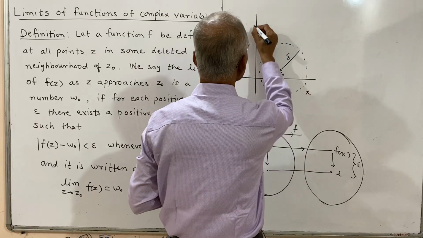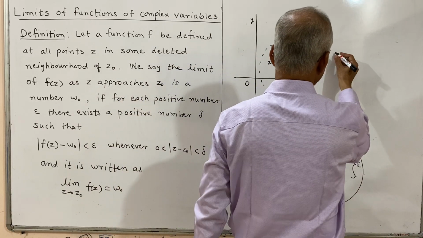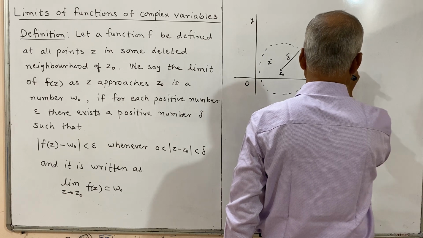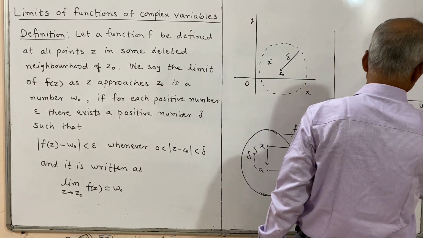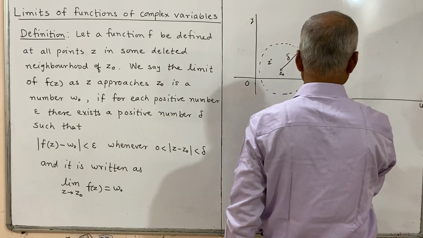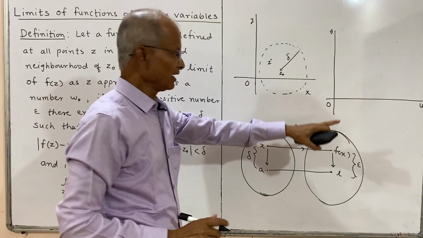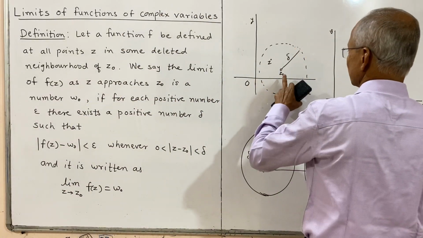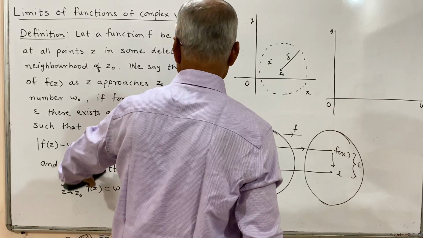And now what we will have, the image will be like this. In the UV plane, the image of z will be f of z, and f of z will approach w naught.